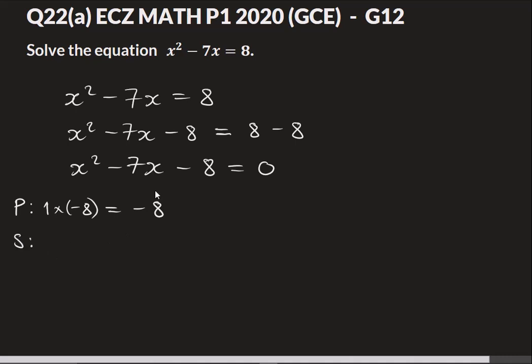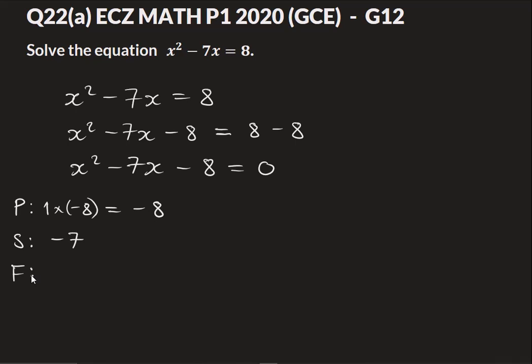Our sum is going to be the number with the x variable, just the x, not x squared, which is -7. And then our factors are numbers that, if we multiply, will give us the product. If we add them, we'll get the sum.